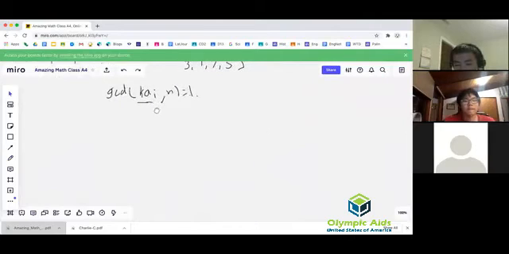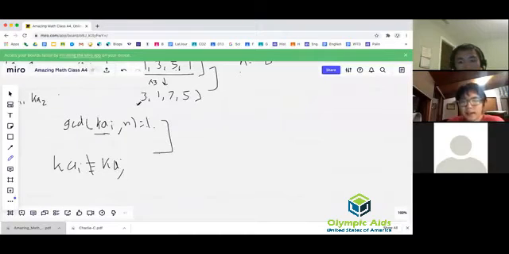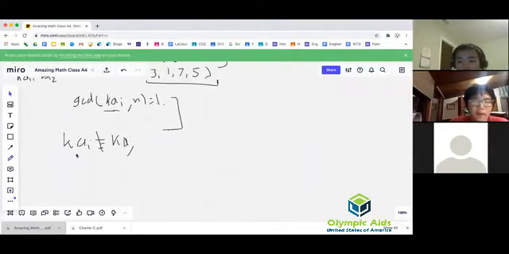And then you want that k a_i is not equivalent to k a_j for any i and j. If you have both of these, then the second list also has to be all of the numbers less than n that are relatively prime to n, so it'll be the same as the first one.